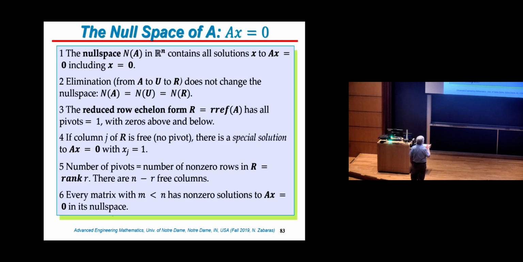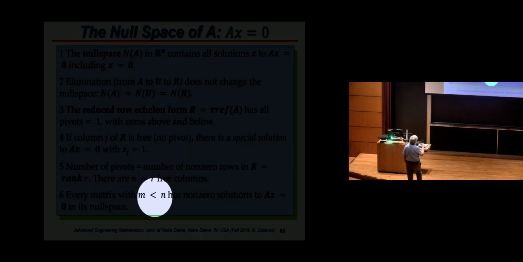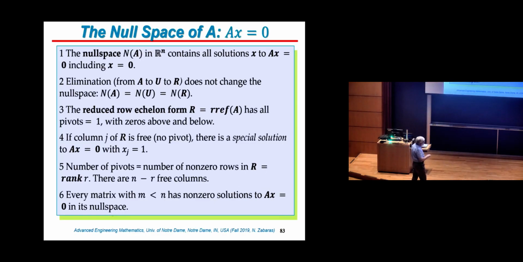Now, it says in the last statement that if you have a matrix with m less than n, the null space has non-zero solutions. Can you tell me why that is the case? Remember, my matrix A is m times n. So if m is less than n, why does the null space have non-zero solutions?